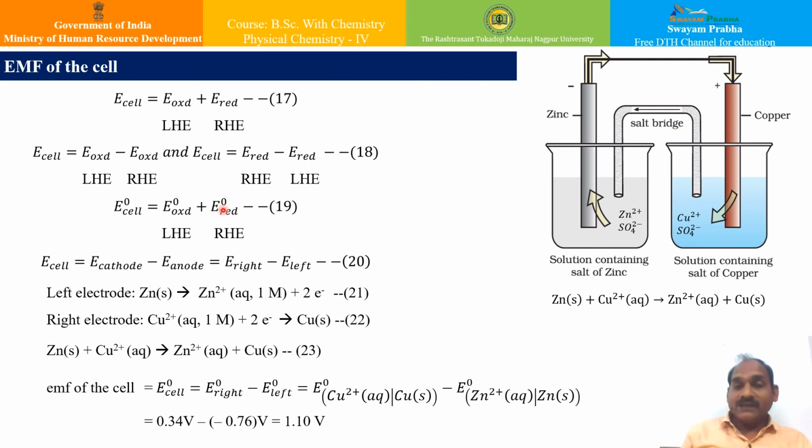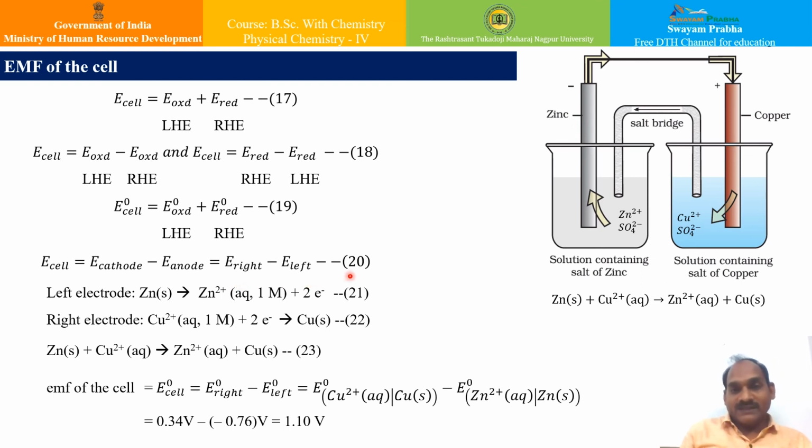Or simply, we can say the cell potential is the difference between the electrode potentials, or specifically the reduction potentials of the cathode and anode. Then the EMF of the cell will be given by this equation: EMF of cathode minus EMF of anode, or EMF of right hand side electrode minus EMF of left hand side electrode.